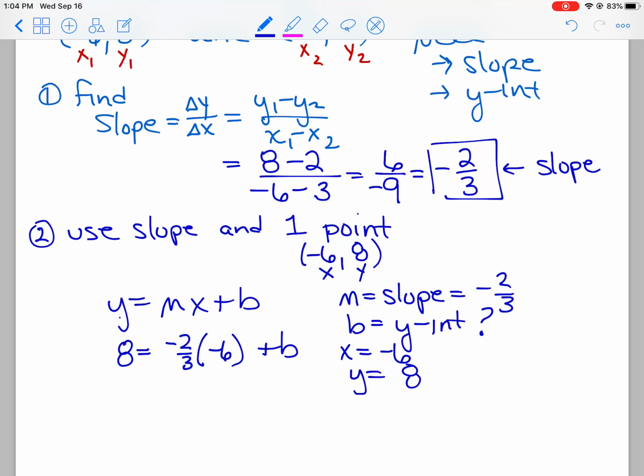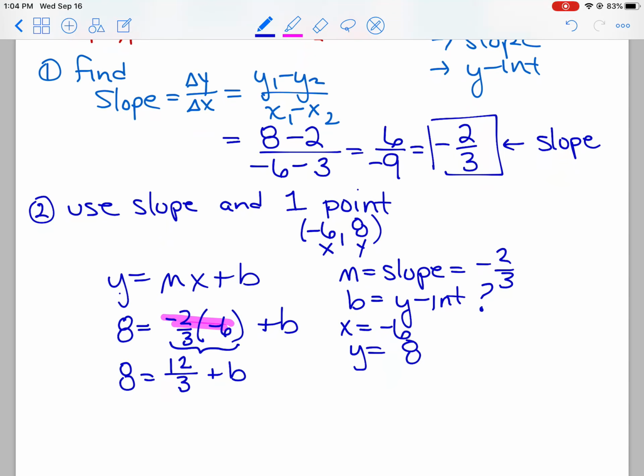Now we're going to multiply the -2/3 and the -6, so we take the -2 times the -6, because that -6 is always over 1, because it's a whole number, and that gives me 12 divided by 3 plus b. Simplify the 12 divided by 3, and that's going to give me 4 plus b, and then solve for b. So b is going to equal 4.